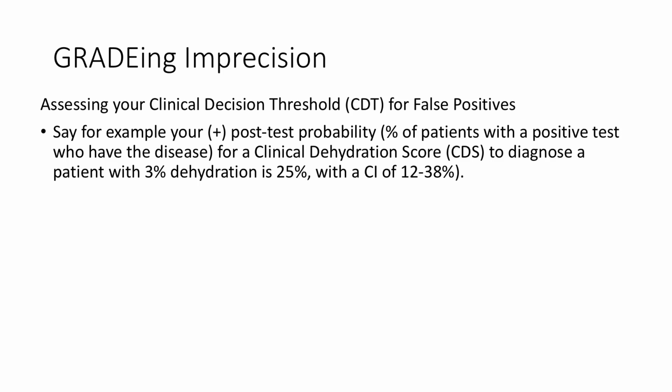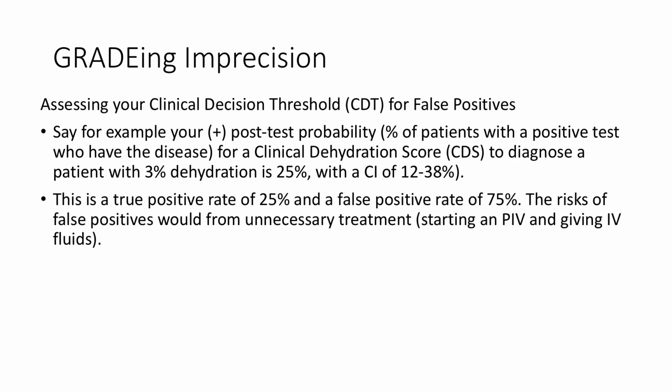Say for example, your positive post-test probability, which remember is the percentage of patients with a positive test who have the disease, for a clinical dehydration score, so that's your diagnostic test, to diagnose a patient with 3% clinical dehydration is 25%. And the confidence interval around this positive post-test probability is between 12 and 38%. What this represents is a true positive rate of 25% and a false positive rate of 75%.